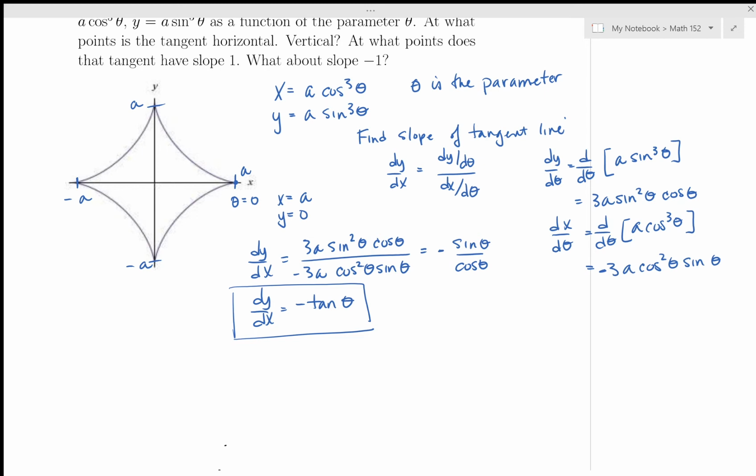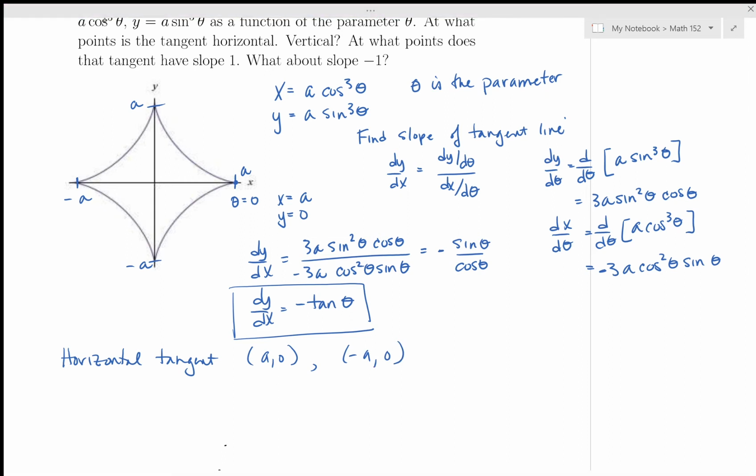I mean, we can look at the picture and see where there's a horizontal tangent line. So I'm just going to write that down by looking. The horizontal tangent is going to be at these points, a0 and minus a0. You can see that's a horizontal tangent line.